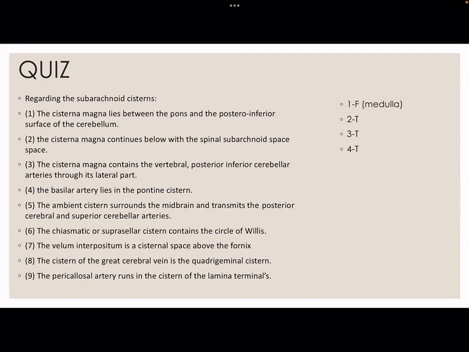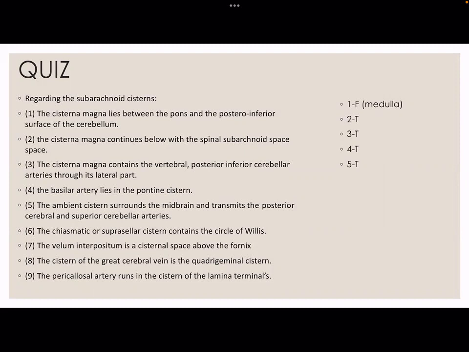Number 5. The ambient cistern surrounds the midbrain and transmits the posterior cerebral and superior cerebellar arteries. True. The ambient cistern surrounds the midbrain and transmits the posterior cerebral and superior cerebellar arteries.